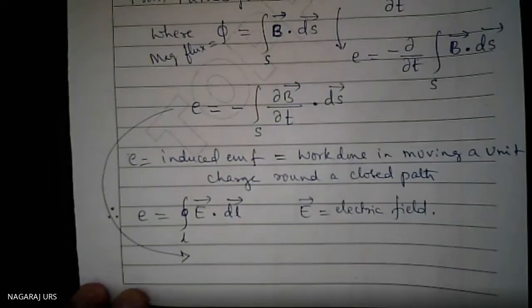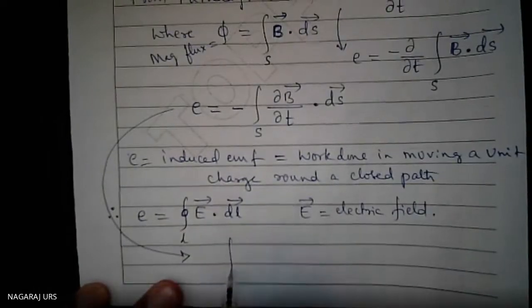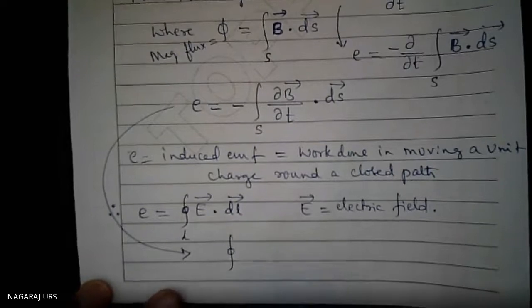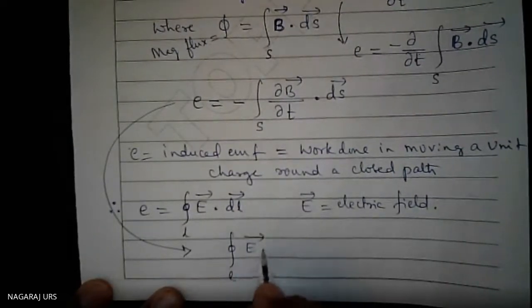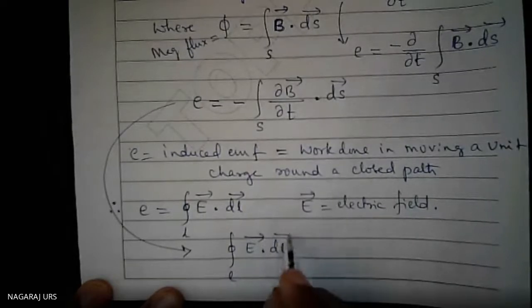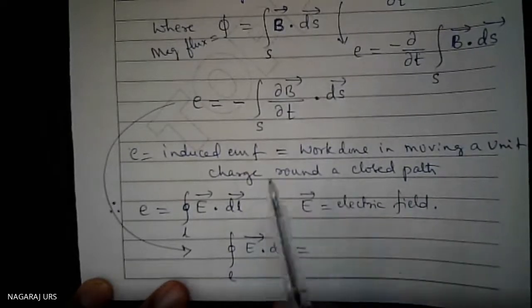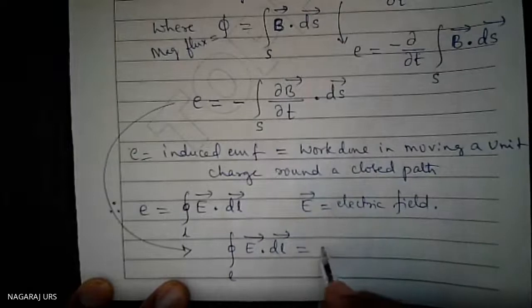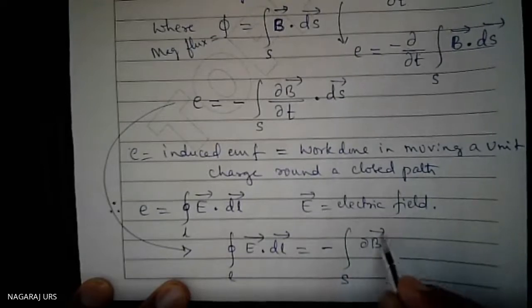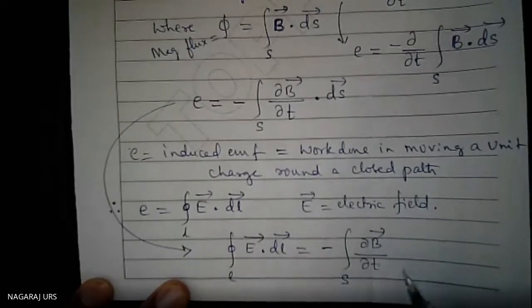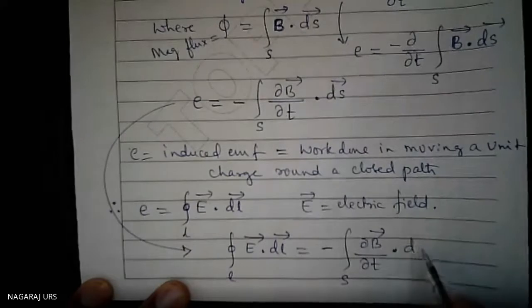substitution. We are supposed to do it. Therefore, the closed path integral of E dot dl is equal to, as it is, minus the surface integral of del B divided by del t dot ds.